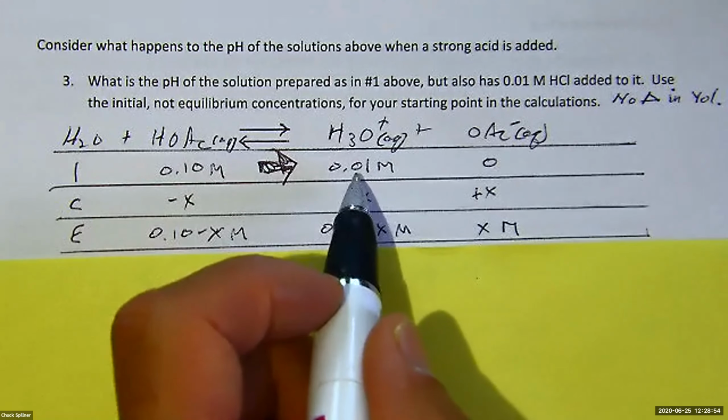This time, we're starting with 0.1 molar acetic acid and we're adding acid to it. So we have acetic acid and hydronium ion in this solution. Acetate should be suppressed, should be lower than previously. Let's see if that happens.